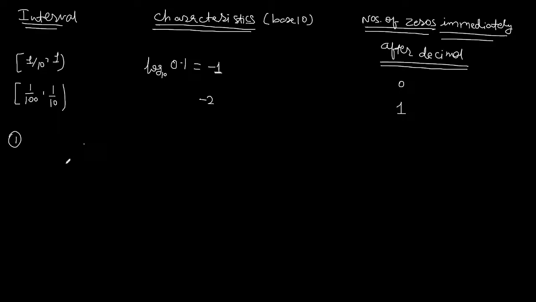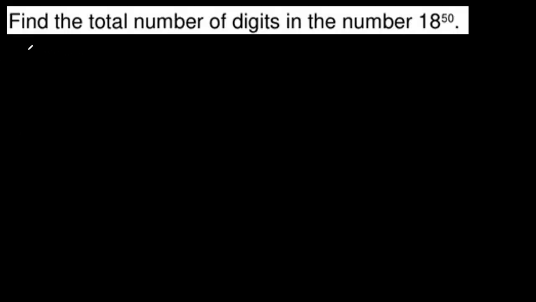This is characteristic and mantissa. Okay, using this we can find a number of things. Okay, let's go with some question. When we are told to find the total number of digits in the number 18 to the power 50, how should we find it? We'll take n equal to 18 to the power 50.